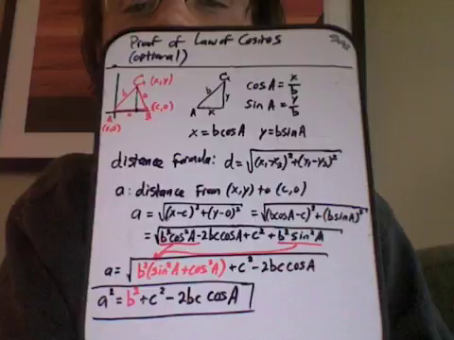Now if we underline those two parts in red and just rearrange them, we see that b squared is being multiplied by something, sine squared plus cosine squared, which is essentially 1. So that's how we simplify this thing to just be a squared equals b squared plus c squared minus 2bc cosine a. Okay, so it's not that magical.